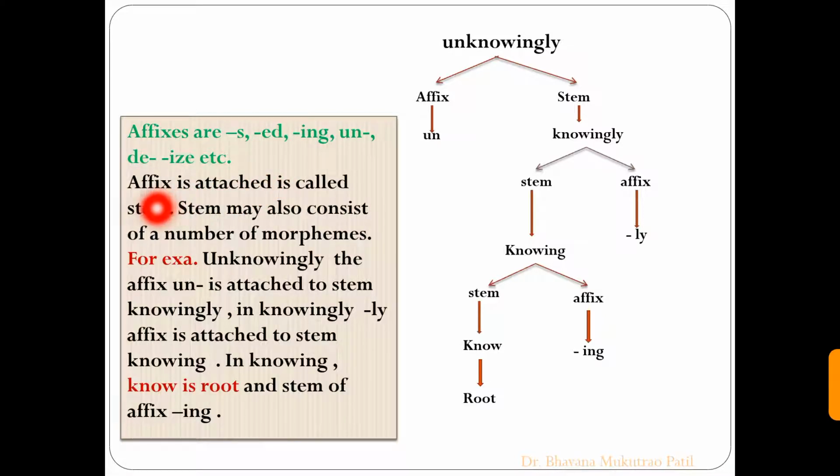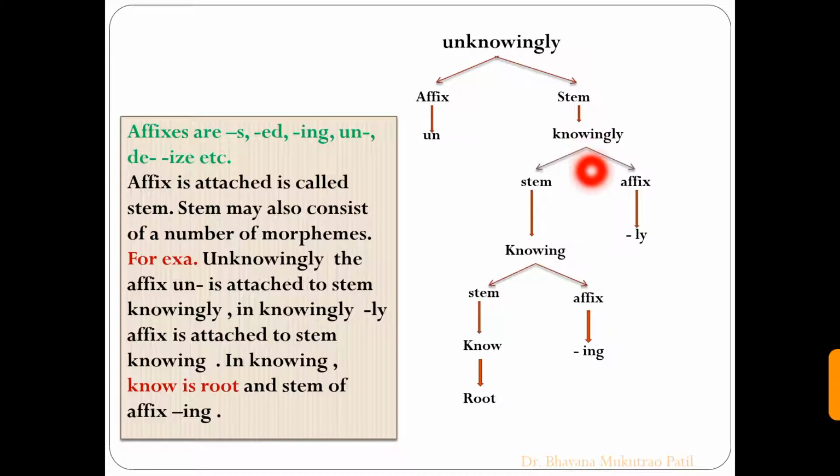Now, what is an affix? Affix means to join, before or after. It is attached to a stem, and a stem may also consist of a number of morphemes. Here is the example of unknowingly. Un is an affix, knowing is a stem.